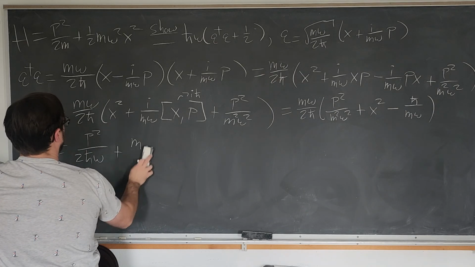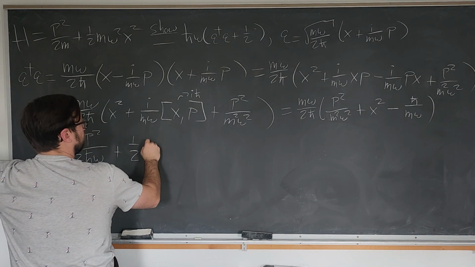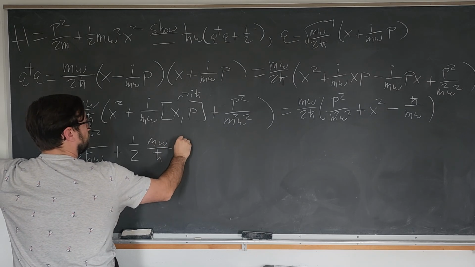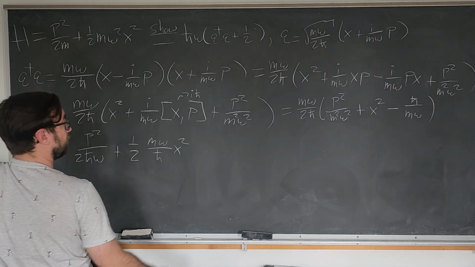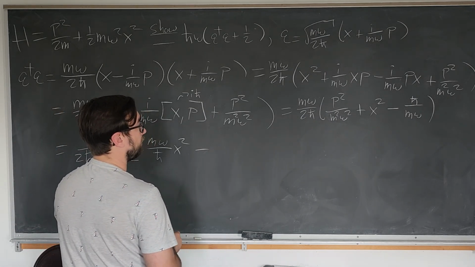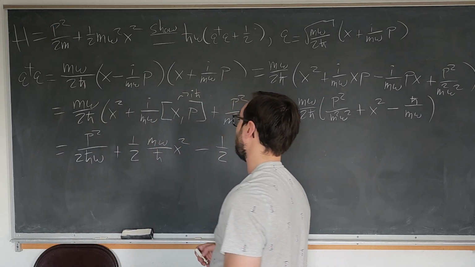So I'm going to write this in a more illustrative manner. And multiplying the final constant through, h bar is actually going to cancel out. Everything's going to cancel out except for 1/2.